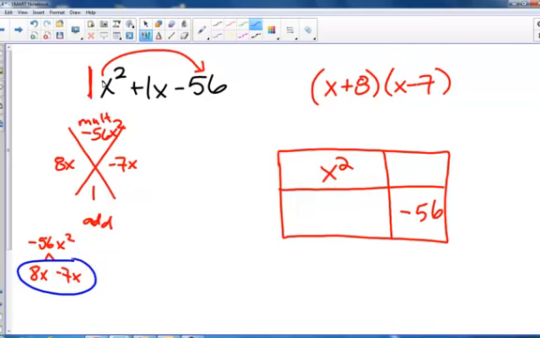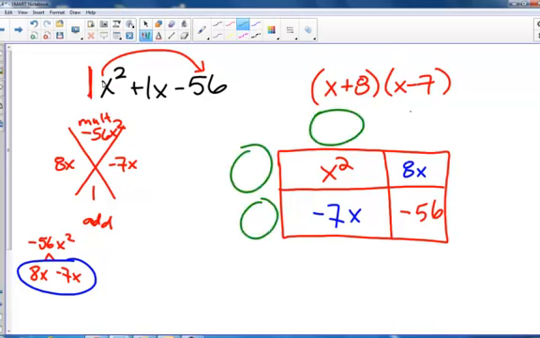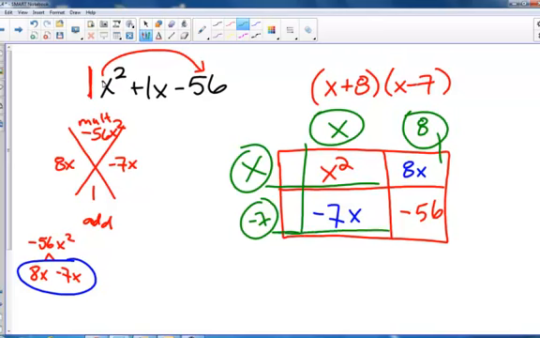So now you have your 8x and your negative 7x. So again, you need to figure out what goes. Those are both x's because x times x is x squared. And this is 8x. This would have to be negative 7 because negative 7 times x is negative 7x. And then does negative 7 times 8 give negative 56?